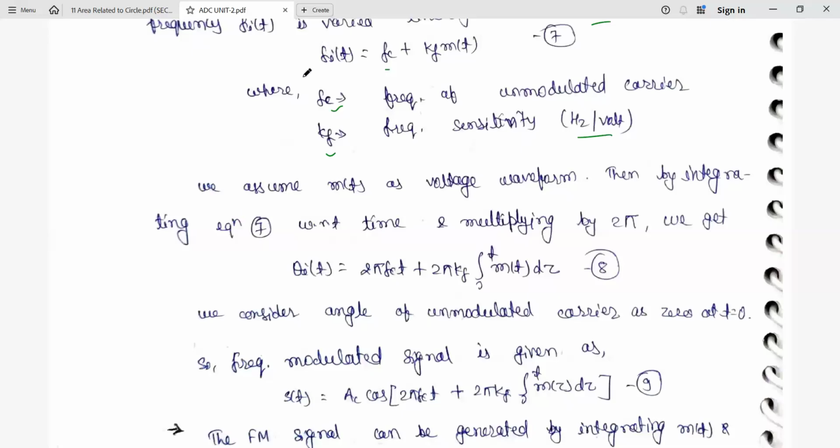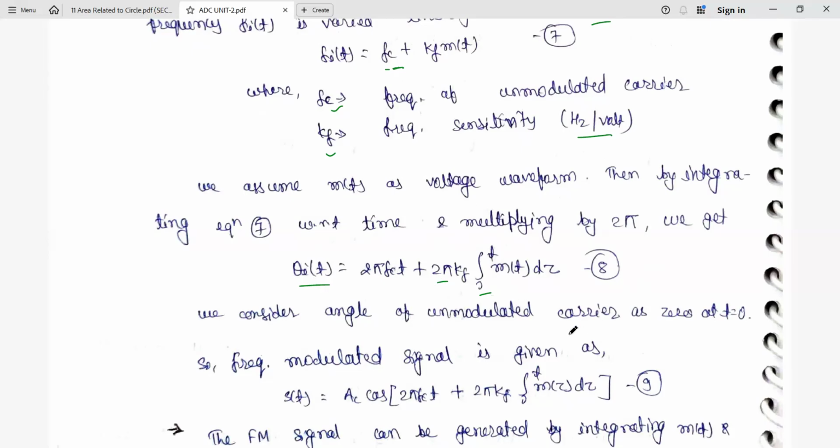After that you integrate with respect to t, so that is your theta I of t. The integration of dt becomes t, and the m of t part is integrated over the interval 0 to t. First we integrate, and after that we multiply by 2 pi, so we get equation number 8.